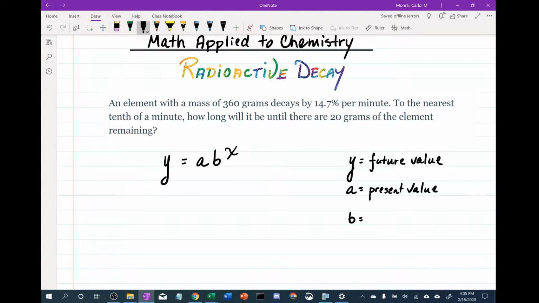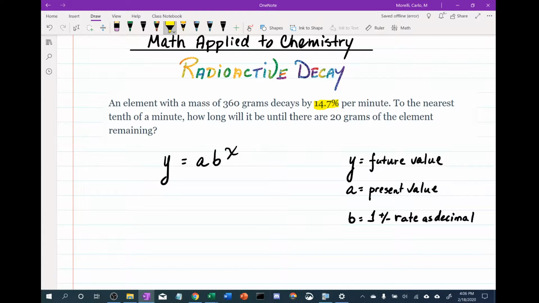And b equals 1 plus or minus, depending on whether it's decay or growth, the rate as a decimal. So the decimal version of the rate. We're usually given these rates in percents, and we have to convert to a decimal.